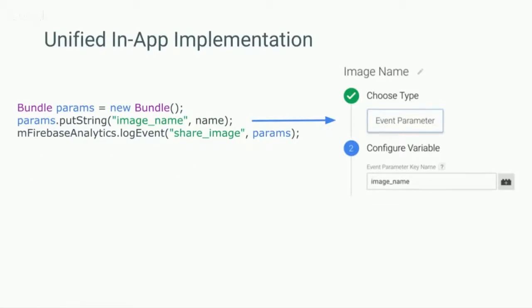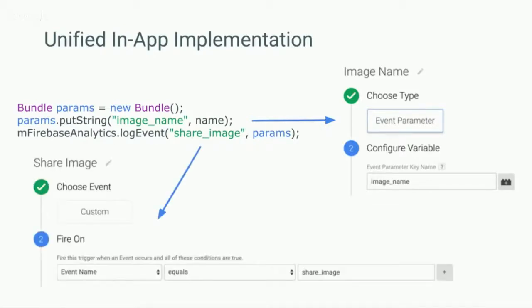Similarly, for the event here, we can set up a new trigger that says when a custom event occurs with the event name equaling share image, we can tell Google Tag Manager to do something. Now, this is how we would re-instrument, as an example, Google Analytics within the app based on the Firebase Analytics implementation.